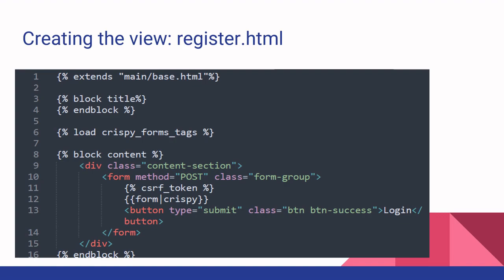A CSRF token is a security token generated to avoid malicious attacks. Form crispy is a Python package of Django Crispy Forms that helps Django style with the help of template packs. A button tag is used to create a clickable button. The / represents the closing tag of an HTML element, in this case form and div.